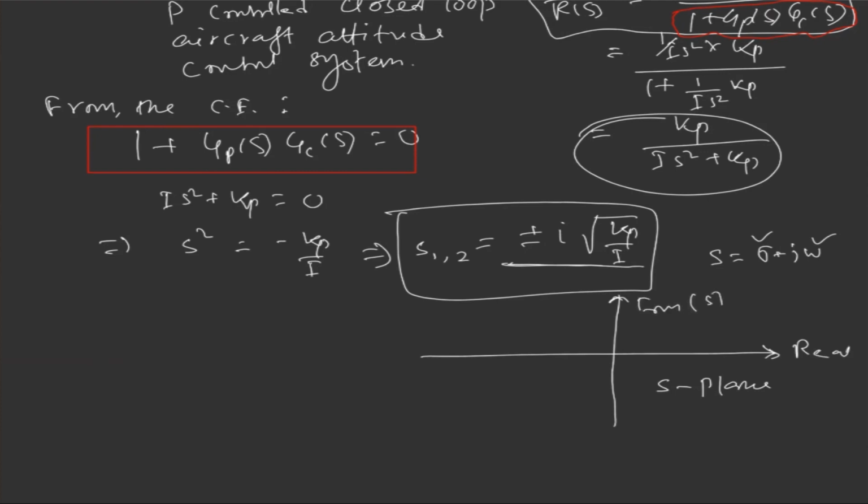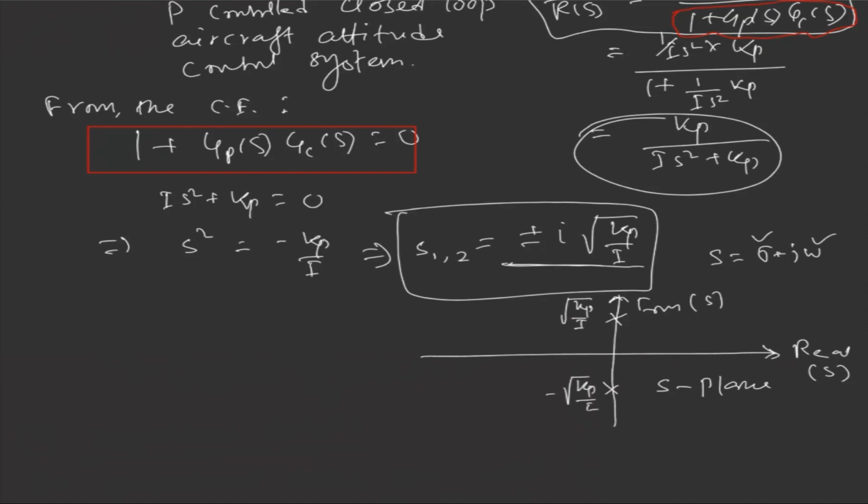I can say imaginary of S, this is the real of S. Since we are having only imaginary poles, we have 2 poles, one here and one here. We can say this is root over kp by I, and this is minus root over kp by I on the imaginary axis.